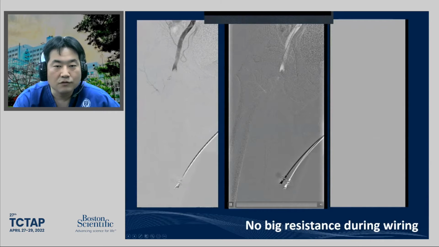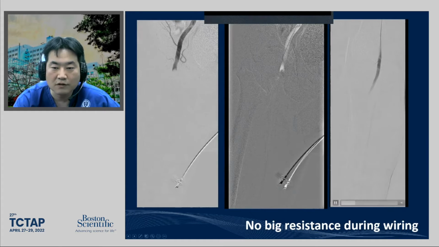And initially, the wire penetrated very smoothly without any resistance. So we suspected it was a very fresh thrombus lesion. And the distal angiogram shows good flow, no significant stenosis.